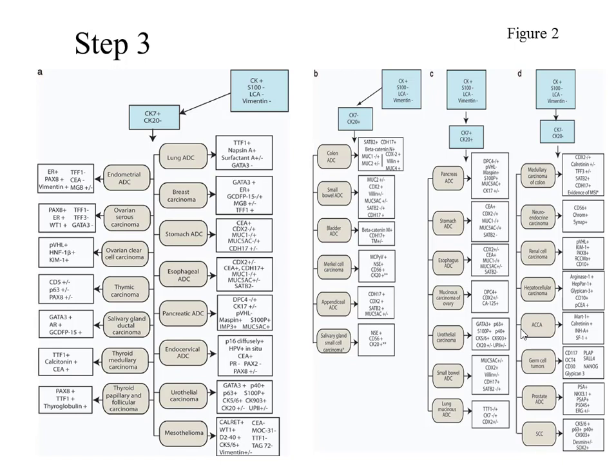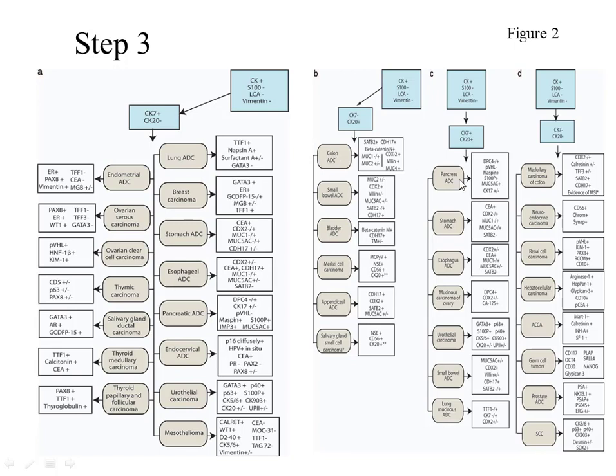If we talk about adenocarcinomas, the malignant tumors of the epithelial region, they may be cytokeratin 7 positive and cytokeratin 20 negative; cytokeratin 7 negative and cytokeratin 20 positive; 7 positive and 20 positive; or cytokeratin 7 negative and 20 also negative. For each of these groups, we have a lot of tumor diagnoses.